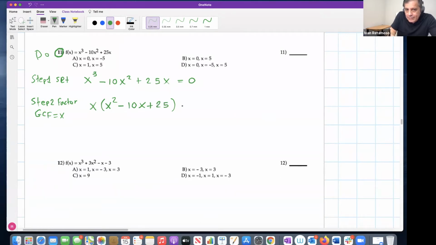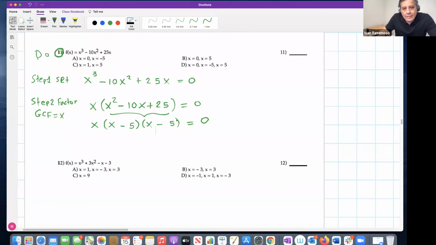Remember from previous courses you learned how to factor these quadratic trinomials, sort of doing FOIL in reverse. We look for two numbers whose product is 25 and whose sum is -10. After some trial and error, you will figure out that it is 5 and 5, but the sum must be -10, so both have to be negative: -5 and -5.